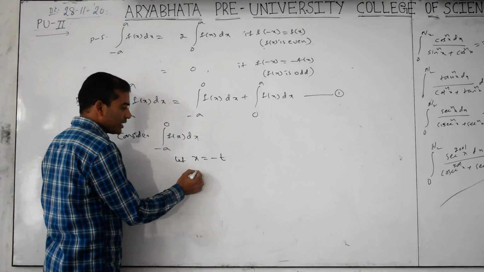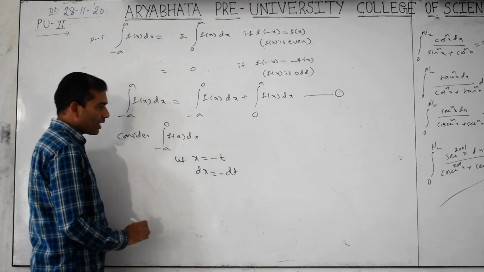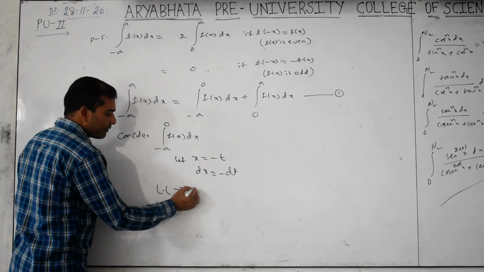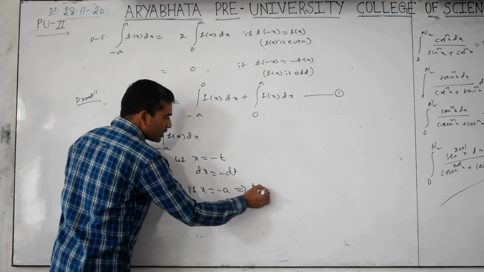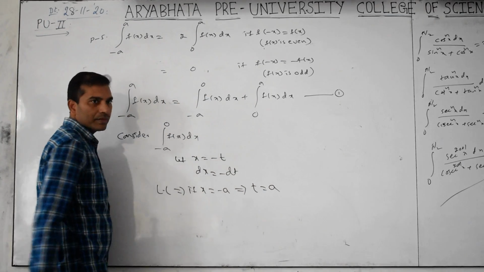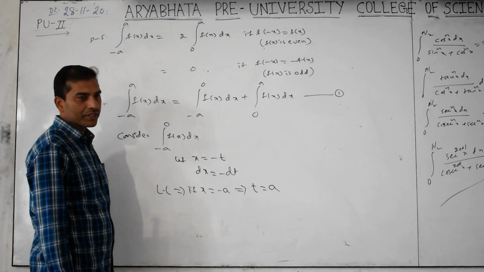x is equal to minus t, then dx is equal to minus dt. And the lower and upper limits will be changed. Lower limit: if x is equal to minus a, then t is equal to a. See, we got the positive limit. To get the positive limit, we should take x is equal to minus t.